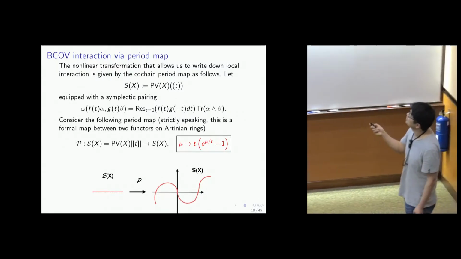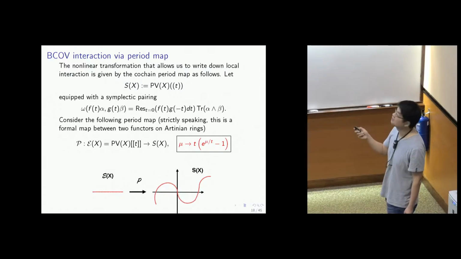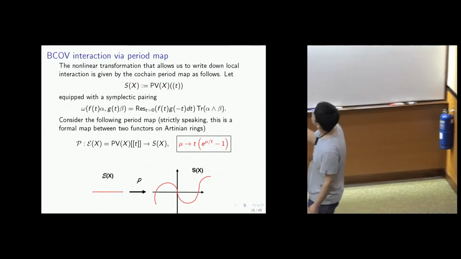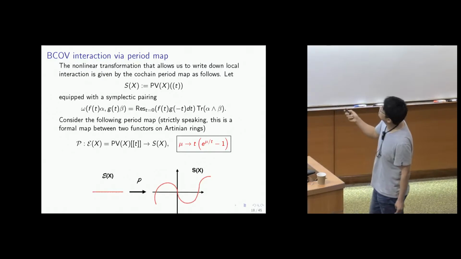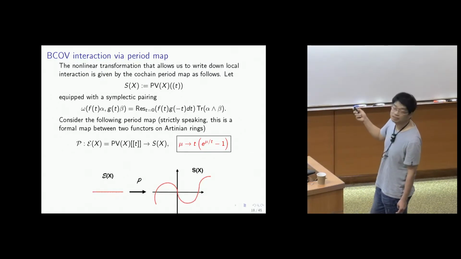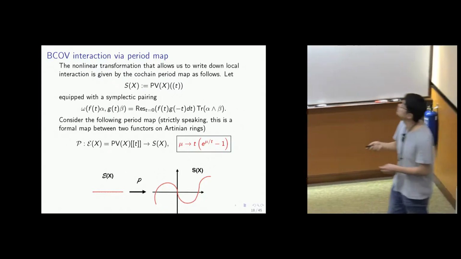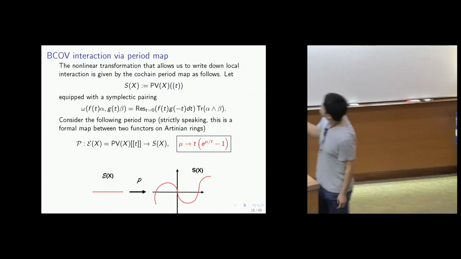And on this bigger space, you can construct a symplectic pairing. Basically, this part is the higher residue, and you take the residue in t again. So you see this symplectic pairing pairs the non-negative orders in t with the negative orders in t. So this is actually a very standard pairing on this loop space.